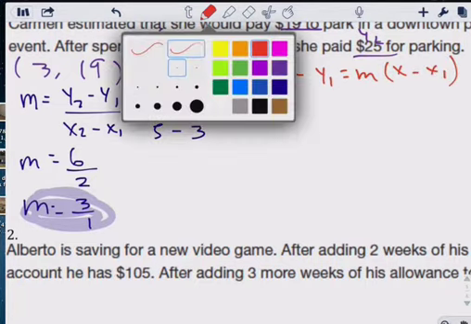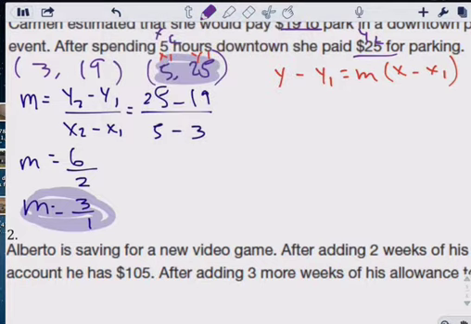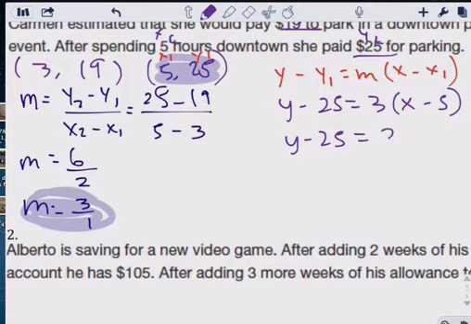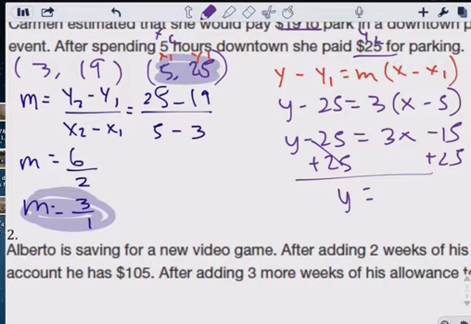Okay? So that gives you y minus 25 equals m, which is 3, times x minus 5. So y minus 25 equals 3x minus 15. Add 25, add 25. Y equals 3x plus 10.